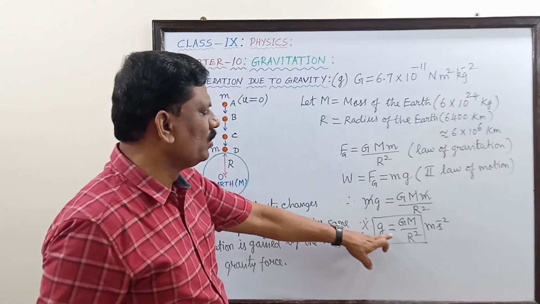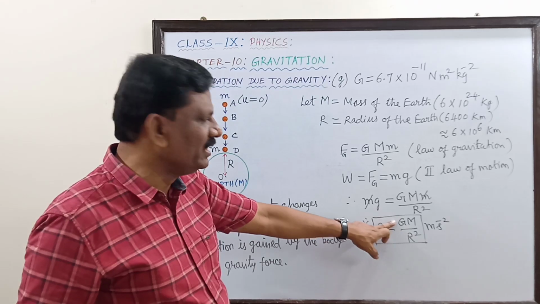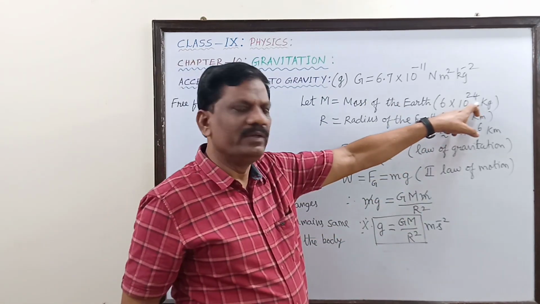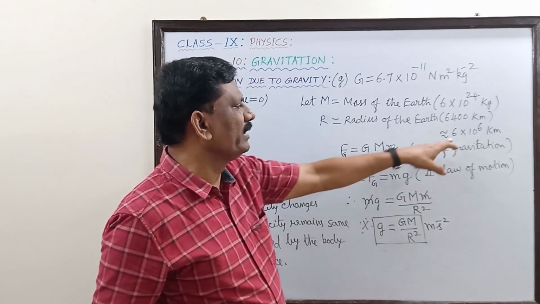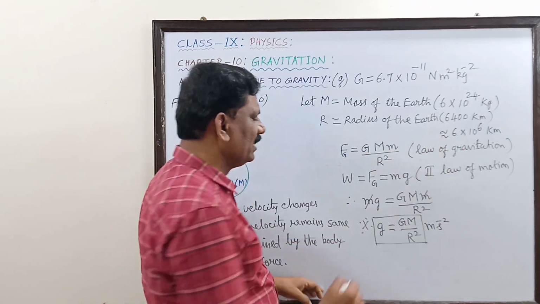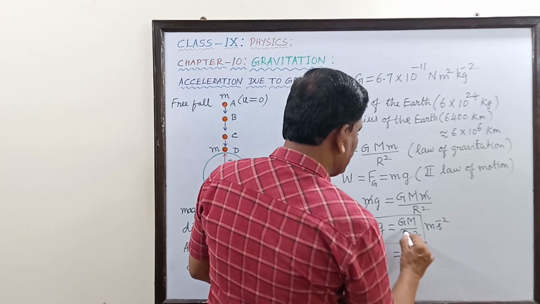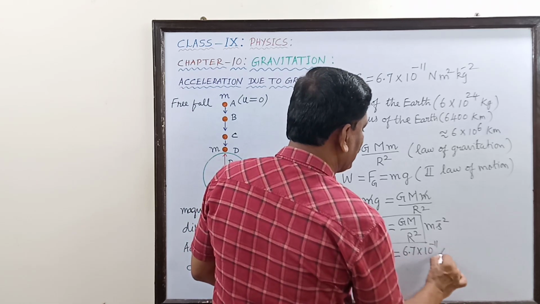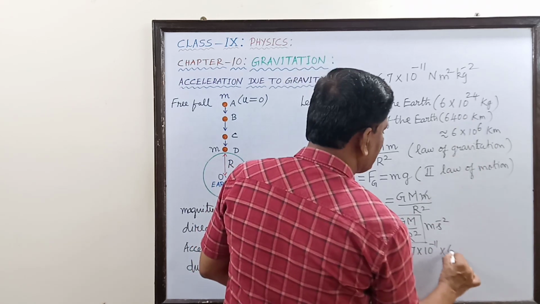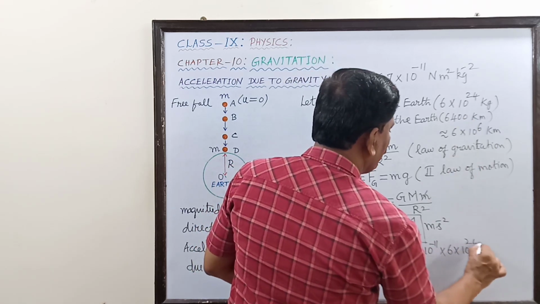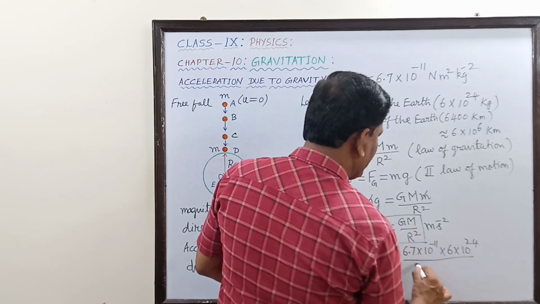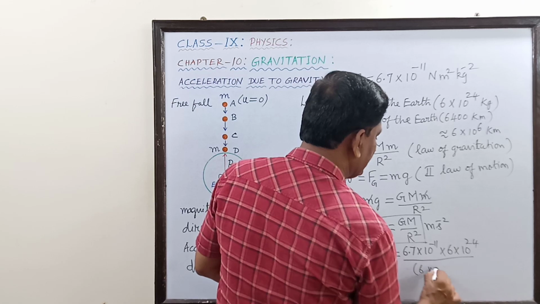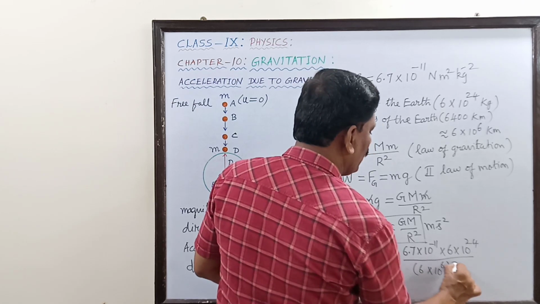If you substitute the value of capital G, the mass of the earth, and the radius square: capital G is 6.7 into 10 to the power of minus 11, into the mass of the earth, 6 into 10 to the power of 24 kilogram, divided by the radius, 6400 kilometers or nearly 6 into 10 to the power 6 meters, the whole square.